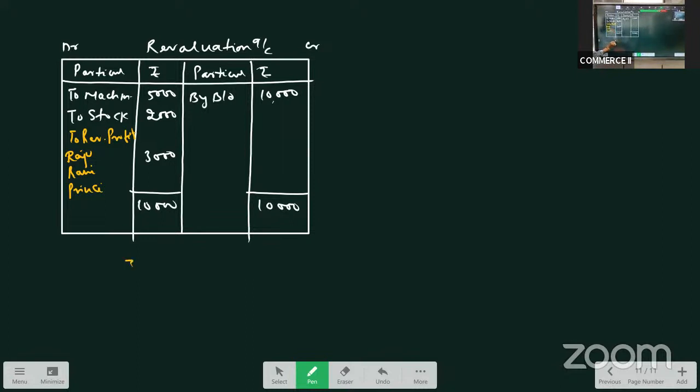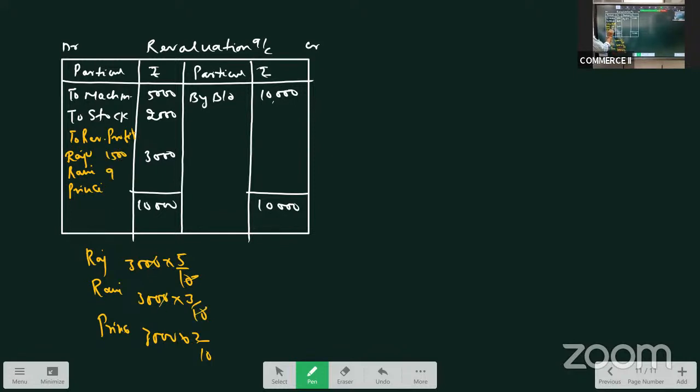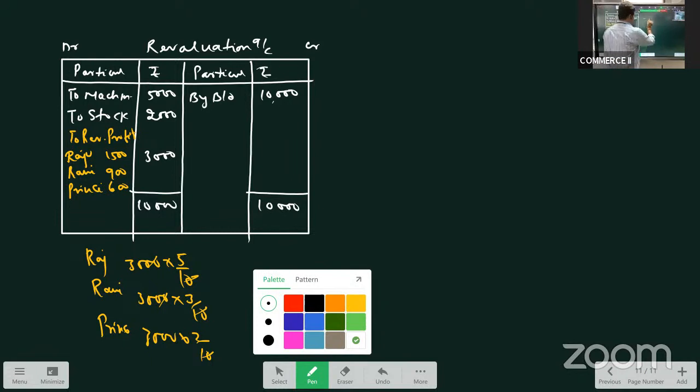This 3,000 is to be distributed in the ratio 5/10, 3/10 and 2/10. So how much will Raju get? He'll get 1,500. Rani will get 900 and Prince will get 600. Okay. Then the goodwill account.